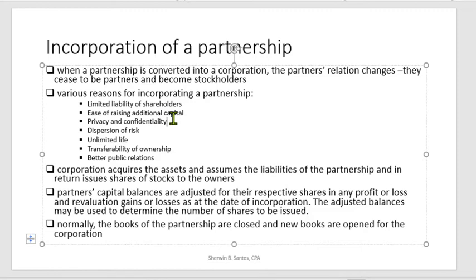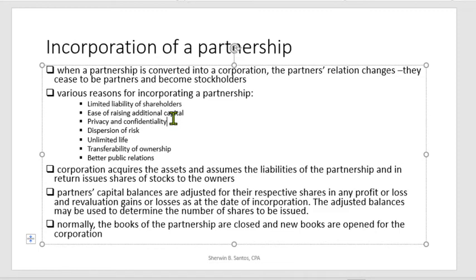Next, the corporation acquires the assets and assumes the liabilities of the partnership and in return issues shares of stocks to the owner. So the procedure here is to state the assets. Ang procedure bago mag-incorporate, i-state mo muna yung assets ng iyong partnership at their fair values, including the liabilities.